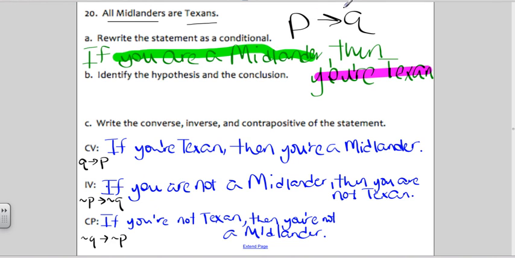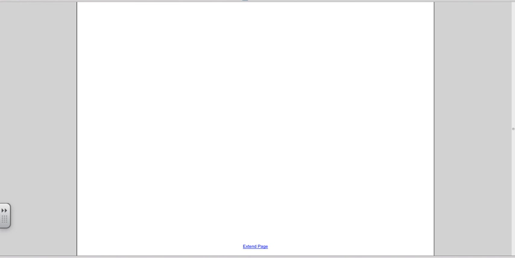All right, so notice the patterns here. P then Q, Q then P, not P implies not Q, and not Q implies not P. Okay, that's it. Make sure to rewind and replay anything that you missed, and I will see you back in class.